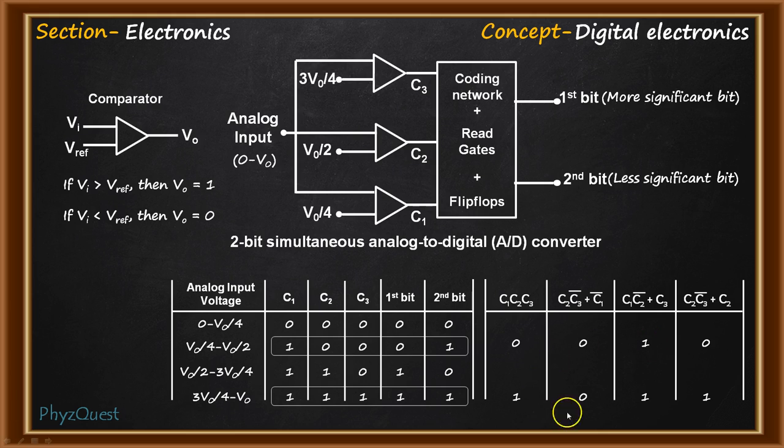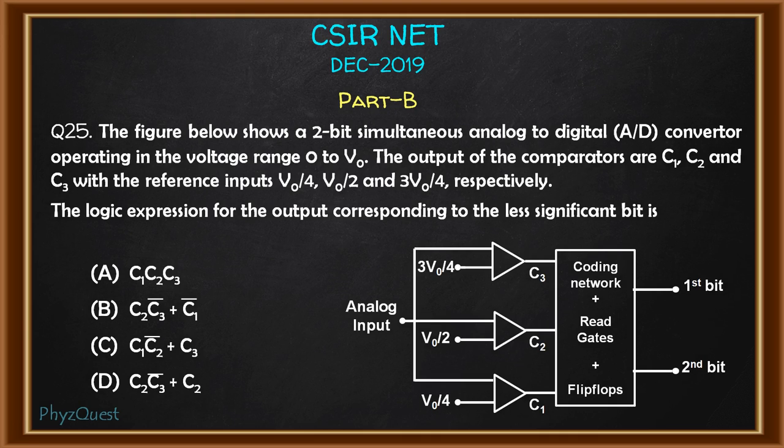For the rest of them, either they are 0 or only one of them is 1. But in this case, for both sets of values, we have got the answer 1. So this is our correct logic gate expression. Now let's check the option. As you can see, we have got option 3 as the correct combination. So the answer is option C.